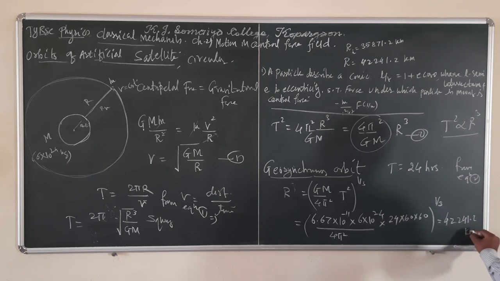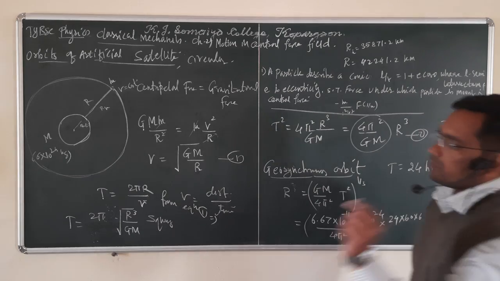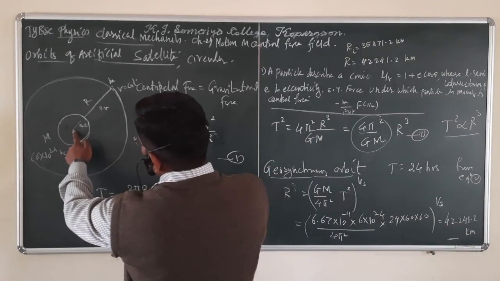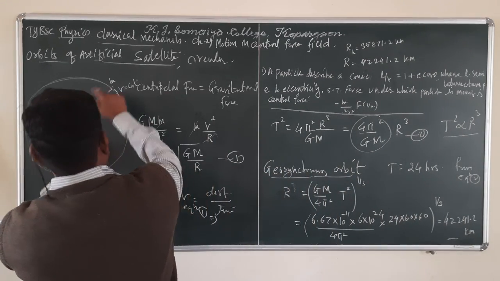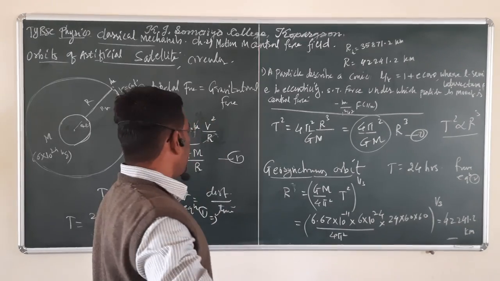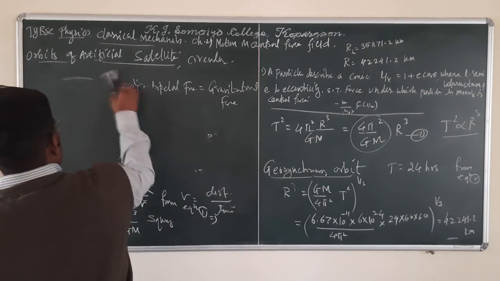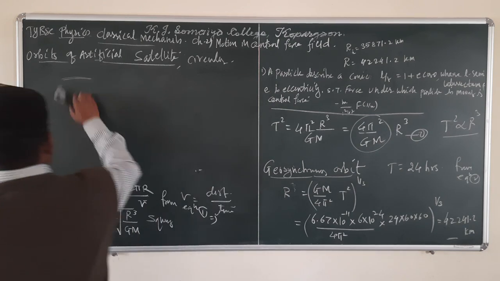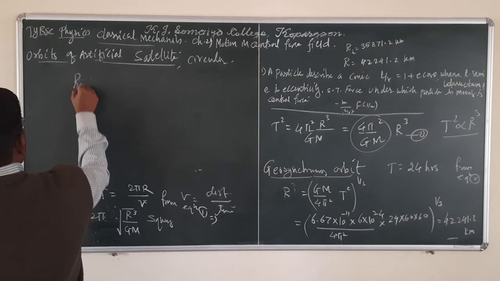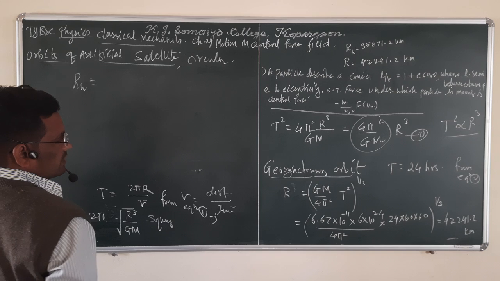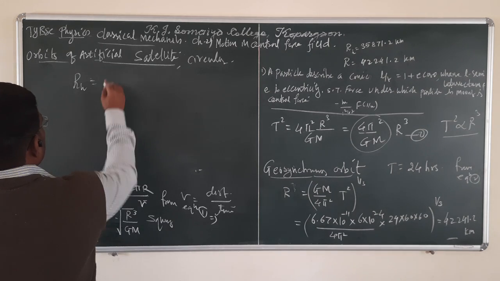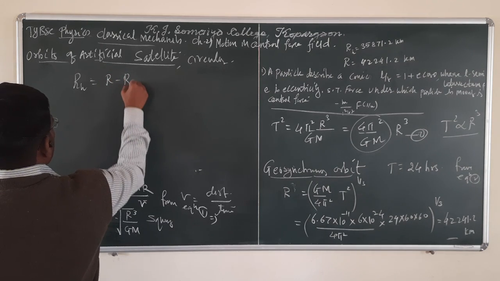42,241.2 kilometer. So this much is the distance from the center of Earth. Remember, r is the distance from the center of Earth. Now to find out rh, the radius or distance above Earth's surface, it is r minus the radius of Earth.